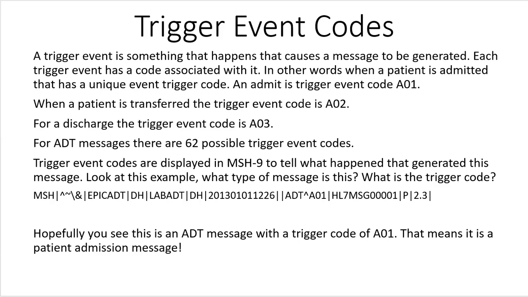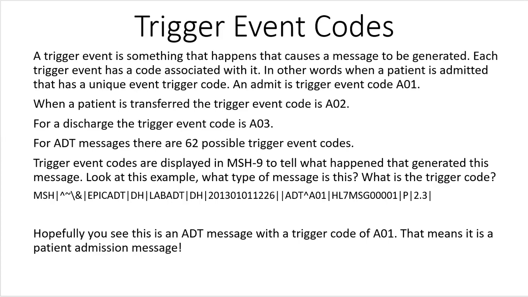Now, it's important that we remember that these trigger event codes that are used in HL7 correspond to things that happen in the real world. This is not just for computer coding purposes. Okay? These all connect back to a real event involving human beings. When a human being is admitted, they get an A01.